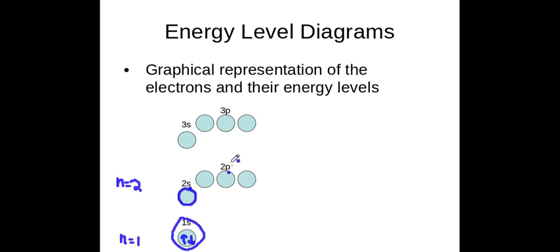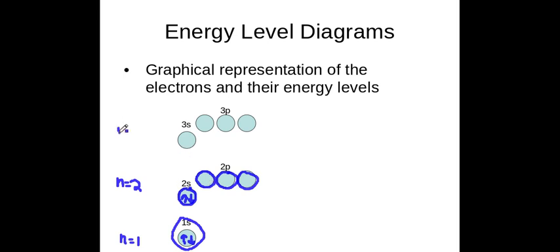But the P shape, when L equals 1, has 3 possible orientations, so we need 3 spots. Within each of these orientations, we can put 2 electrons, one with one spin and one with the other spin. It doesn't matter which one you do first. I'm just using arrows to denote one of 2 options.